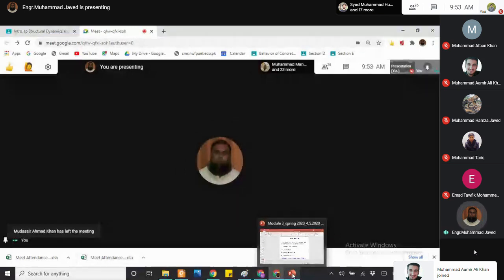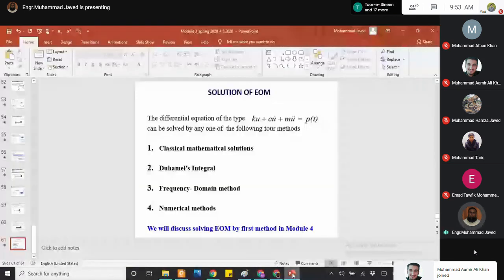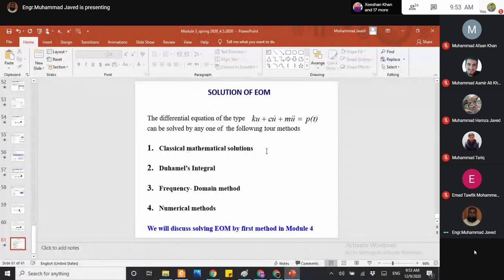And there are various methods for solving the equation of motions. The first one is classical mathematical solutions, and we will use this method.